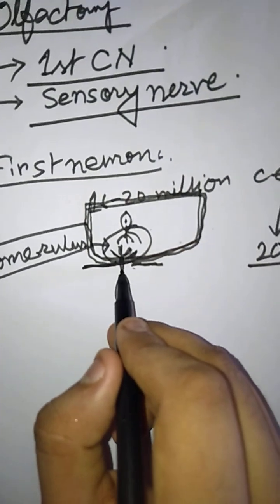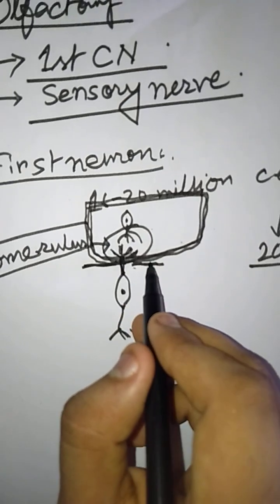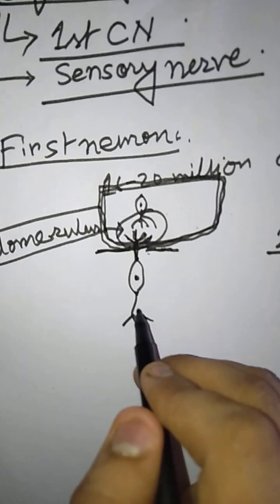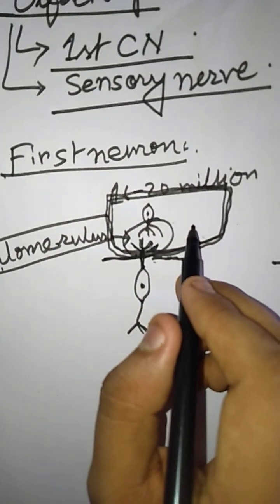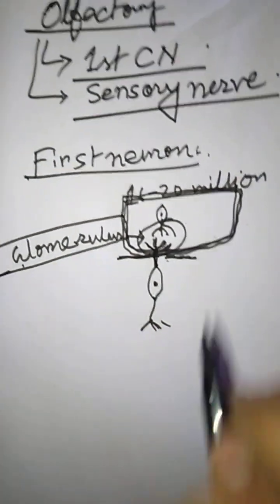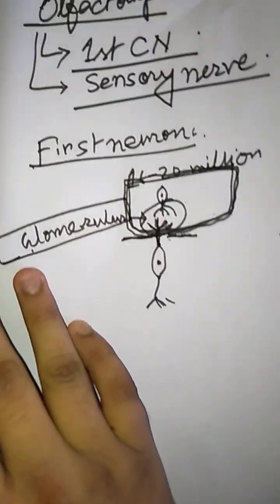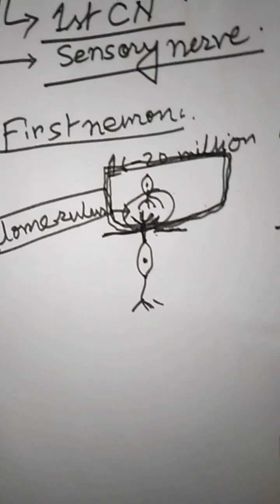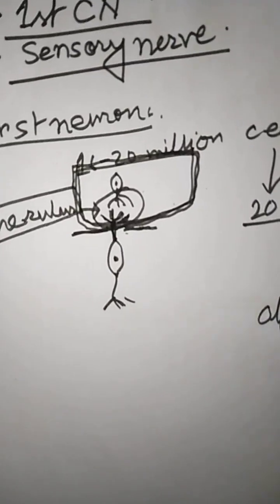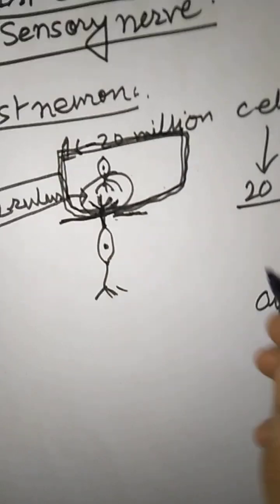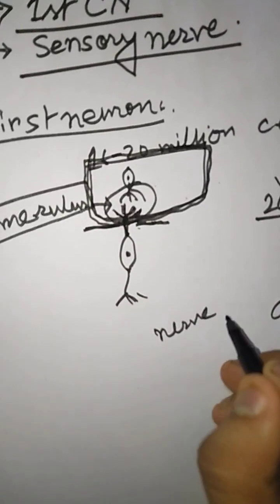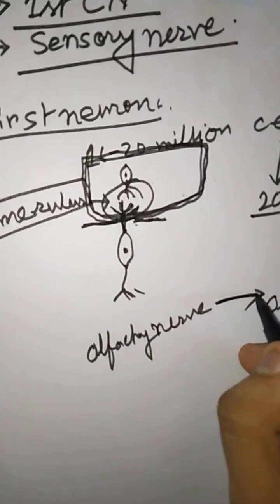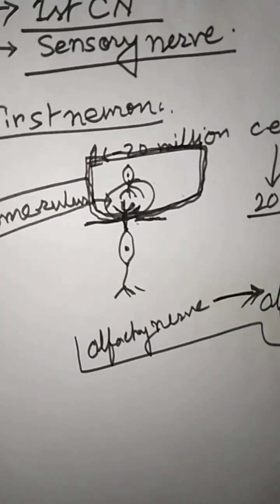After crossing the gaps in the cribriform process, the axon terminals of the olfactory nerve go to the olfactory bulb. So first order neuron means the olfactory nerve goes to the olfactory bulb. Okay.